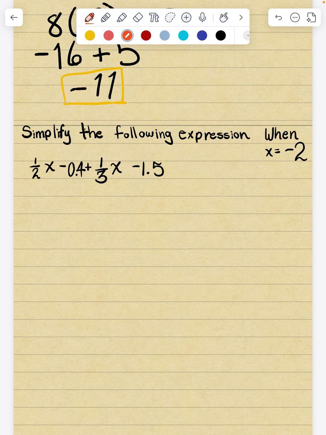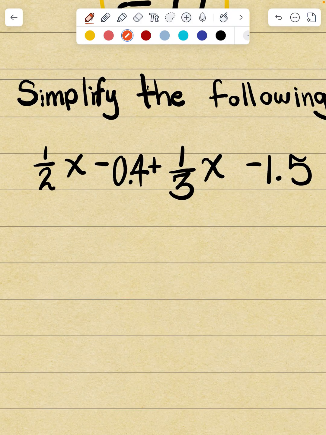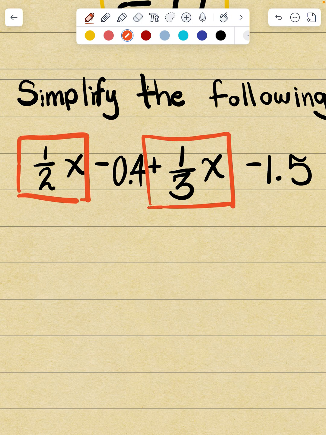Okay. Simplify the following expression when x equals negative 2. So we're back to x's and constants, variables and constants, whereas before we had a lot of variables. However, we've got a lot of fractions and a lot of decimals. That looks really scary, but we're doing this just the same way we did the first one. First I'm going to box this one in, and then box in this one.